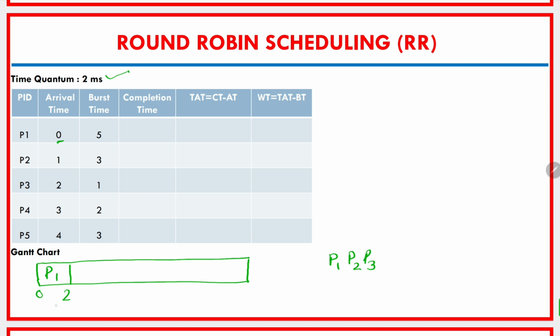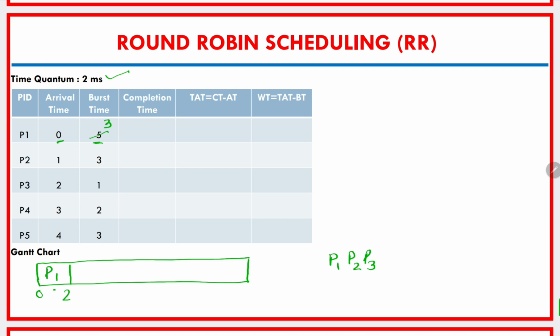Fine. Now, has P1 completed? No. It only got 2 milliseconds out of 5 milliseconds. It needs 3 more milliseconds, but it has to wait for that. So this P1 is preempted. Now the question arises, where will this P1 go? This P1 will move into the ready queue.